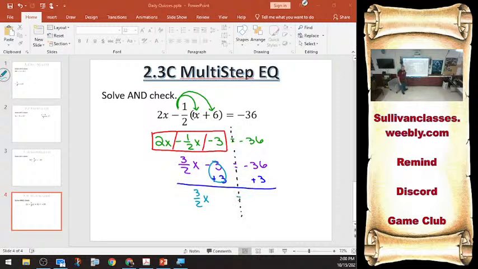Careful with this. Go the right direction. You owe me $36. You give me 3. Now what? You still owe me 33. So negative 33. And then, what is that 3 halves doing? Hugged right up on x. Multiplying. Okay. So the opposite of multiplying is dividing, and dividing by fractions is as easy as pi.